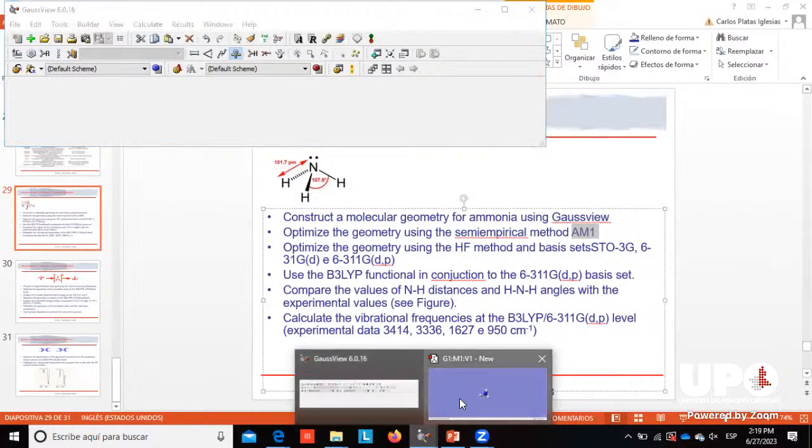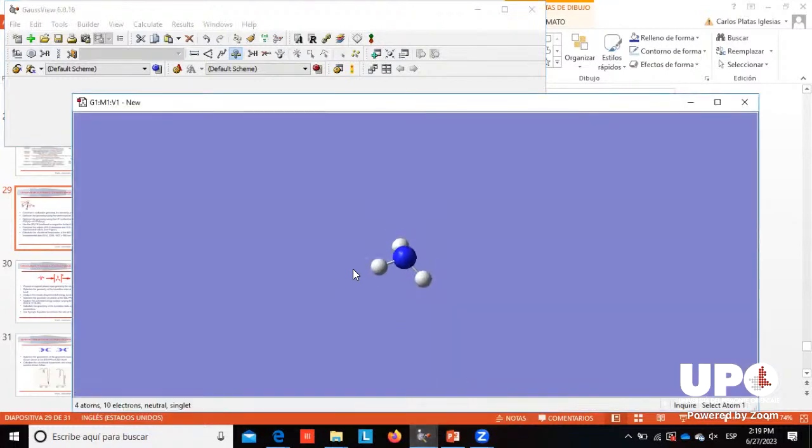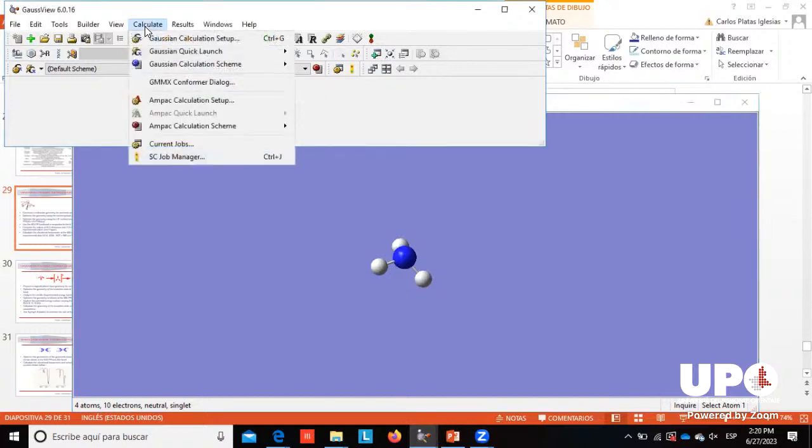we will prepare the input file for our calculation. For that, we can use directly Gauss View. We go to Calculate, you see that on the top. And the first option we have there is Gaussian Calculation Setup, right?